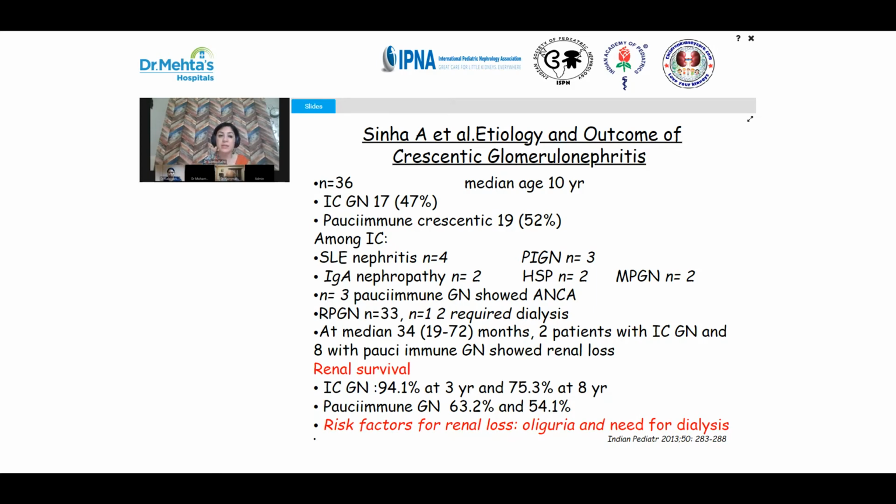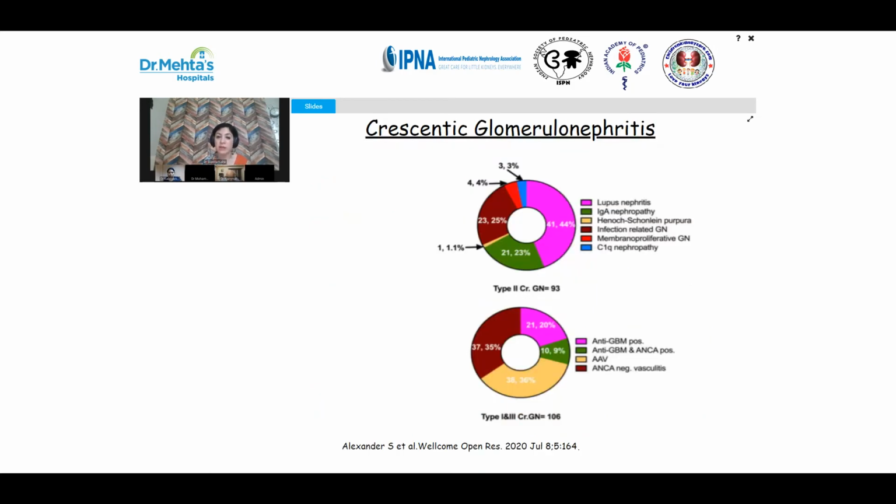A recent study on crescentic glomerulonephritis, though it is in adults from South India, showed that in type 2 crescentic GN, where they have put all the immune complex diseases, lupus was the most common cause of crescentic GN, followed by infection-related GN and also IgA nephropathy.